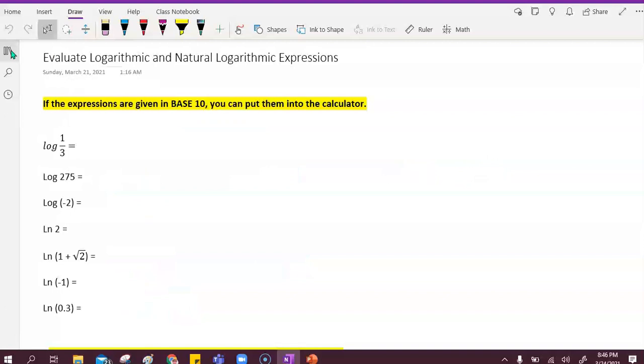Okay, evaluating logs and natural log expressions. If the expression is given in base 10, then you can put it in the calculator because the calculators are written in base 10. So as long as there is no base, then we know that it is base 10. So we just throw these into our calculator.